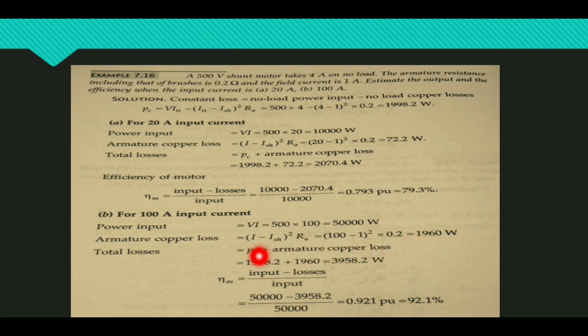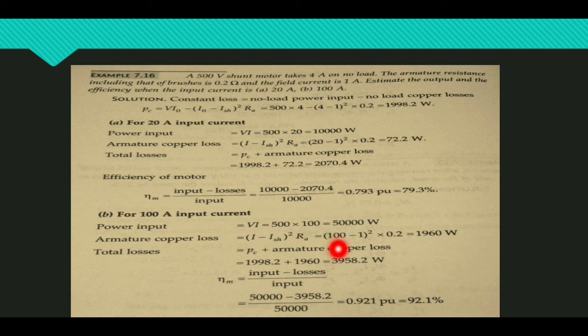So the total losses is PC plus the armature copper loss. PC means the constant loss, which we know is 1998.2 watt. So the total losses is 1998.2 plus 1960, which equals 3958.2 watt.